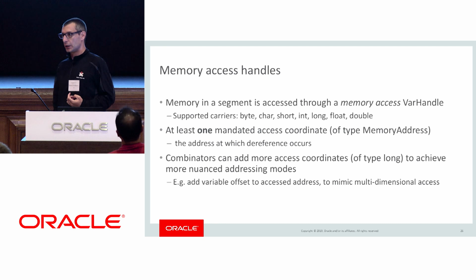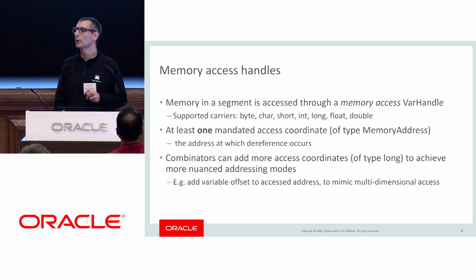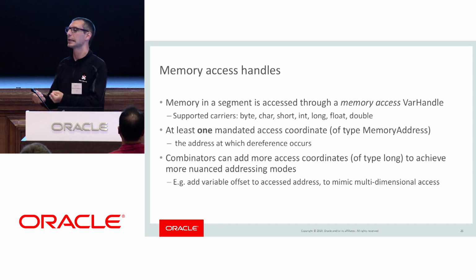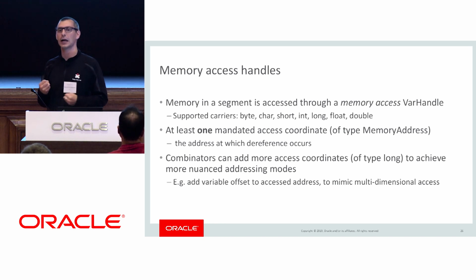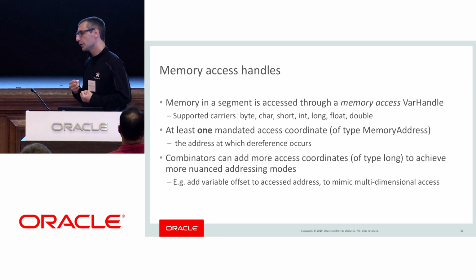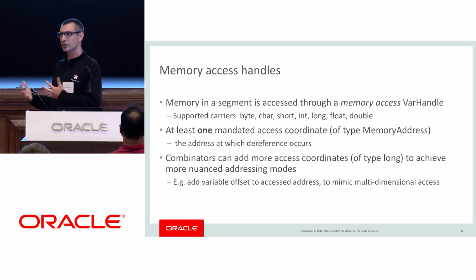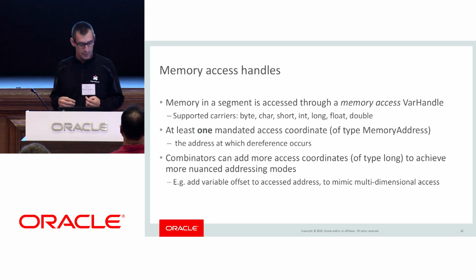As I said, for dereferencing memory, and this is maybe the hardest part of the talk, because we have to understand how you actually get values out of memory and how you put values into memory, you need to obtain a variable. We call this variable a memory access variable, without a lot of fantasy maybe.